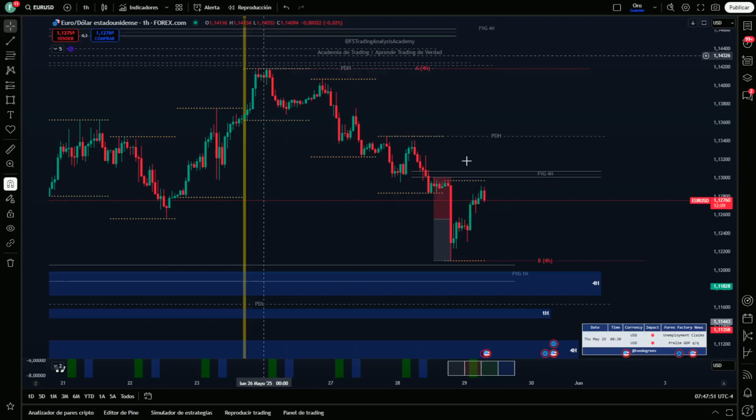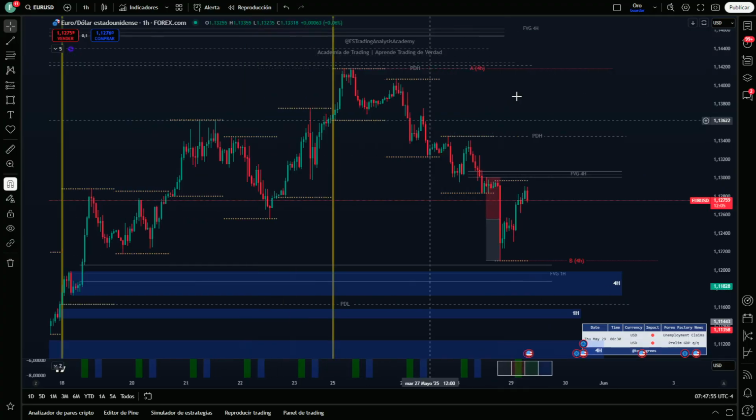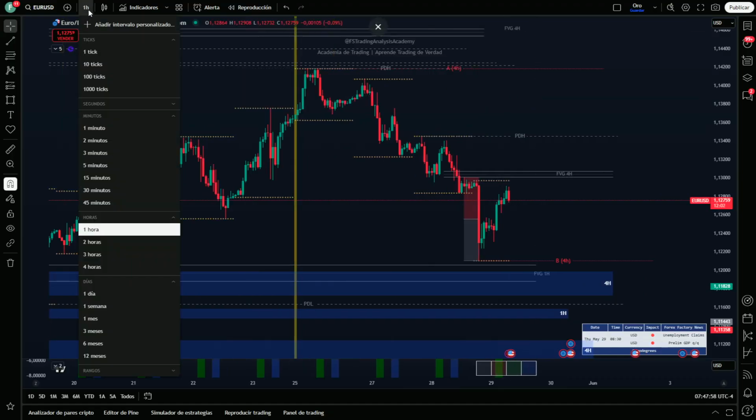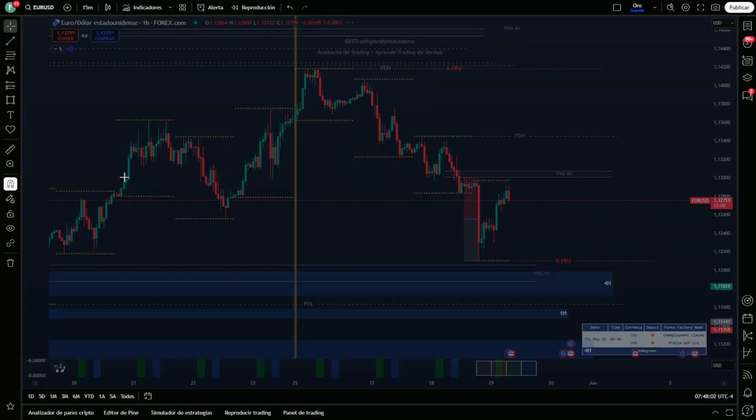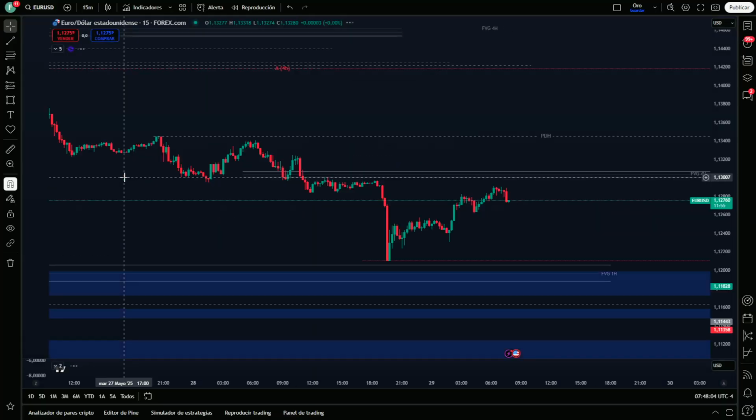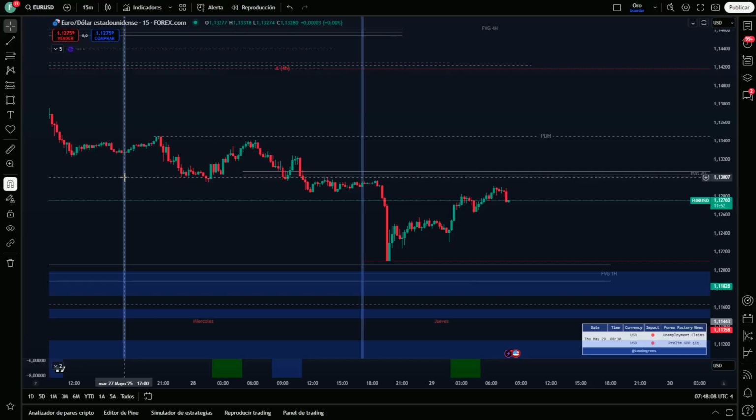So, our final step is to move to the 15-minute time frame, to see what happened during the Asian and London sessions, and what potential moves might occur in New York, while also identifying our current structural point and direction on a lower time frame.